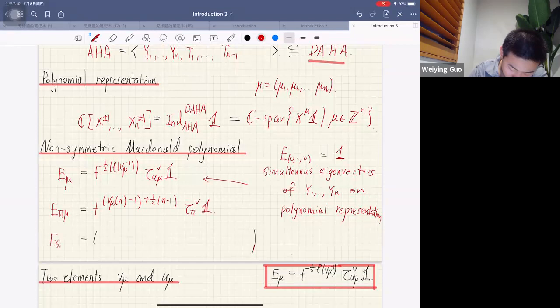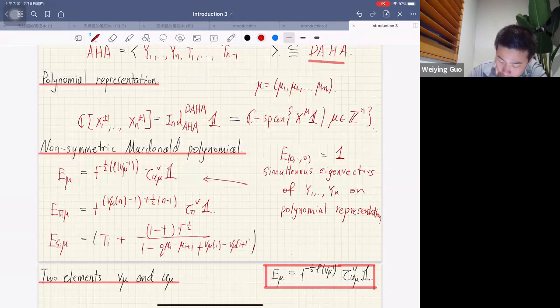And we can also get s_i mu, and we get t^{i+1} minus t times t to the minus half, 1 minus q to the mu_i minus mu_{i+1}, t to the v mu i minus v mu i plus 1, acting on E mu.